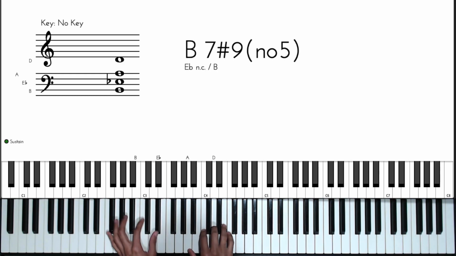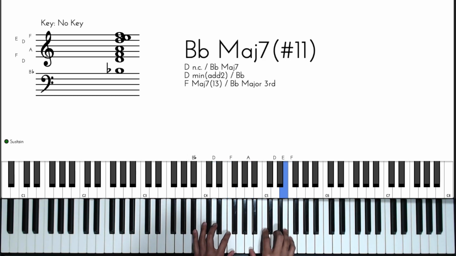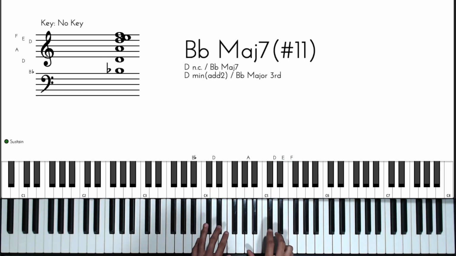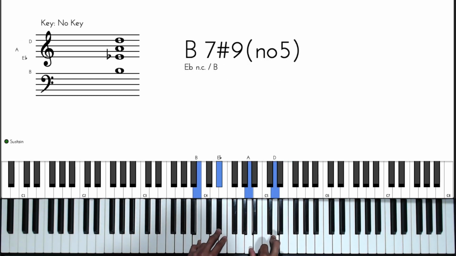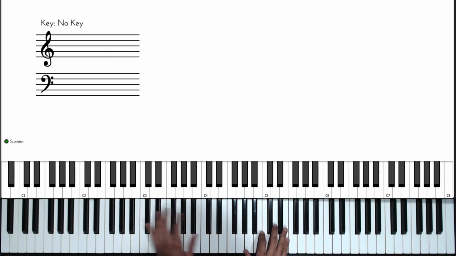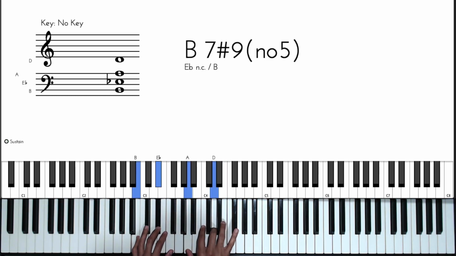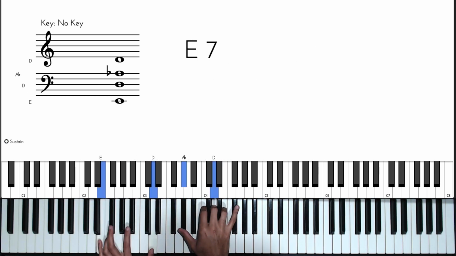So we did this part. So what I do here is just simply go from B flat to that 7, right? B7 sharp 9, and then to the E. So the melody note stays the same. Here we're on the E, right?